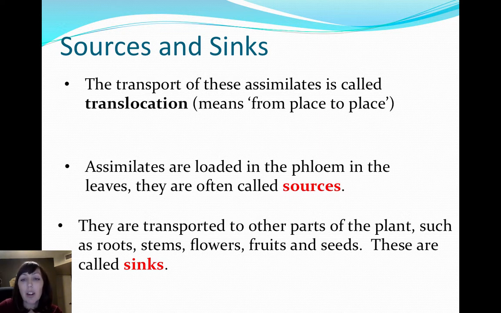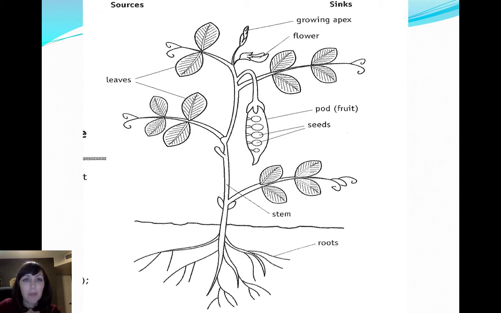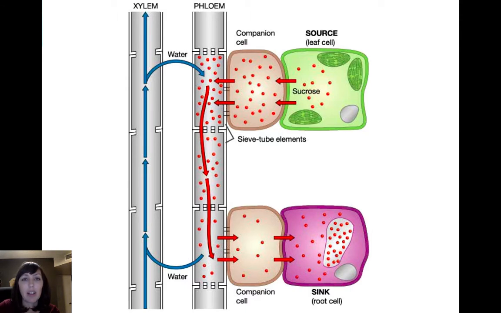So the places where the sucrose is being loaded is called source cells, and the places where it's being taken are called sinks. Okay. So let's talk about sources and sinks in more detail and the process by which this occurs. So if you're looking at this model, you can see at the top here, you have your source cell, okay, here.